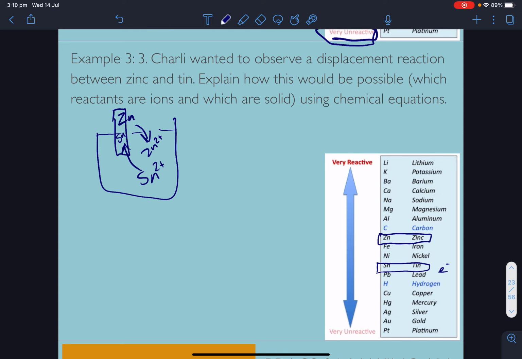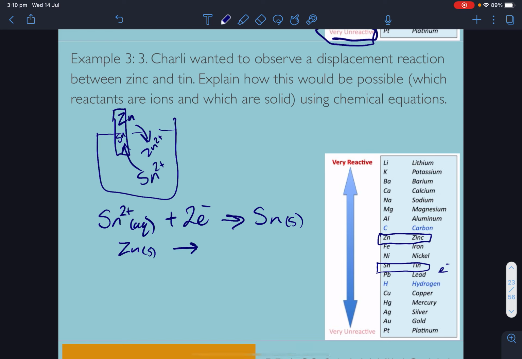Okay, chemical equations. So we've got tin 2 plus aqueous, and it's going to need 2 electrons to go into solid tin. And we're going to have zinc solid going to zinc 2 plus, and it must produce 2 electrons. So we've got something taking up 2 electrons, the tin, and the zinc donating 2 electrons.